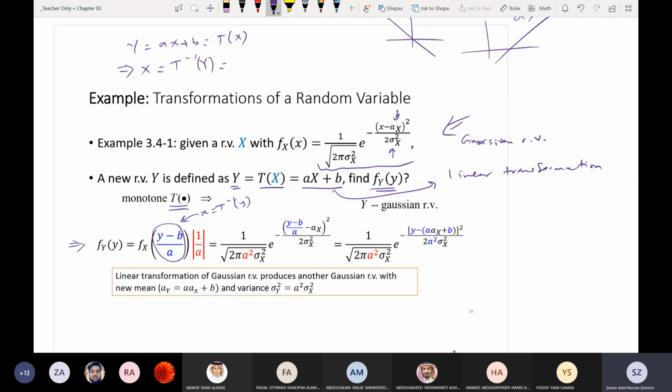What is x equal to from this equation? y minus b over a. y minus b over a. وهذا اللي سويناه هنا. And this is what we did here.